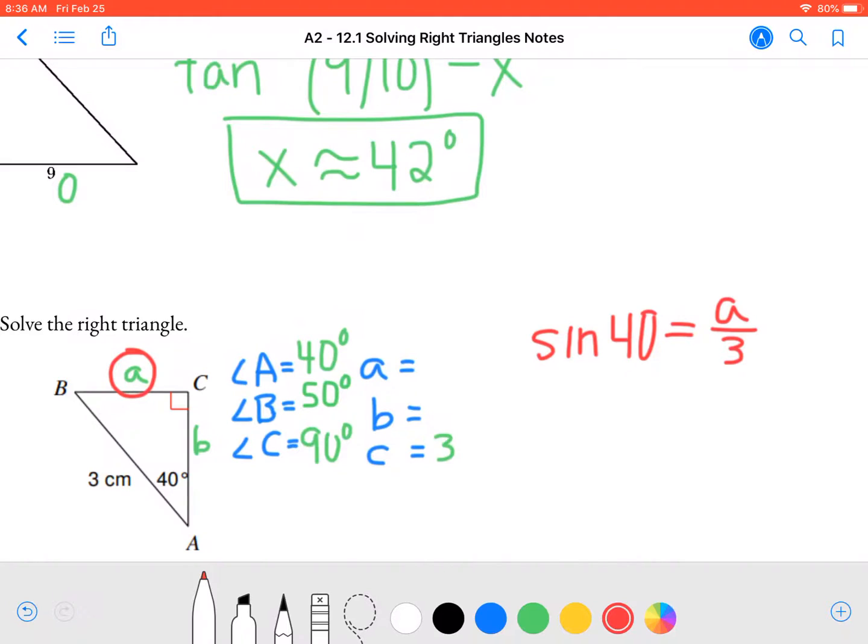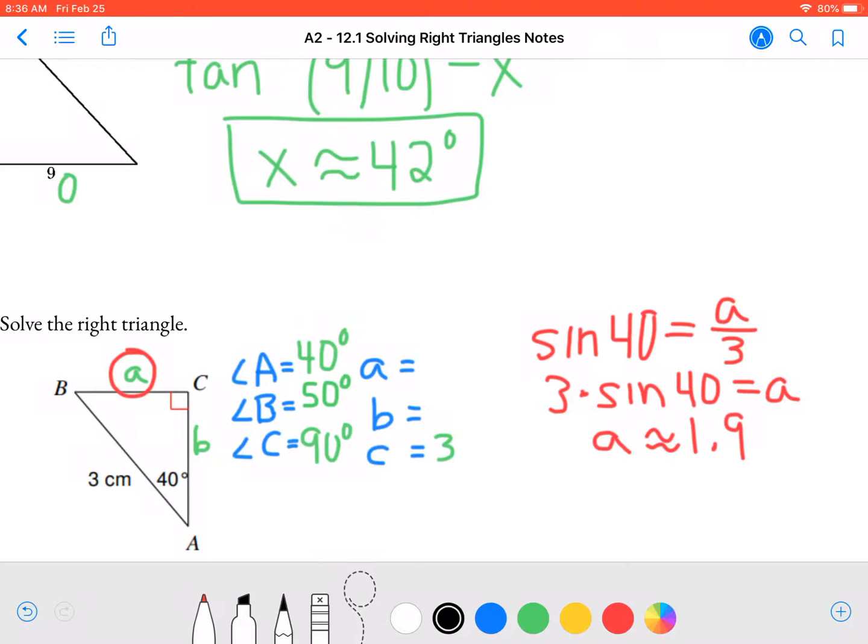Now I'd multiply both sides by 3, and that gives you an A value of about 1.9. So now that I know what A is, this is 1.9 here.